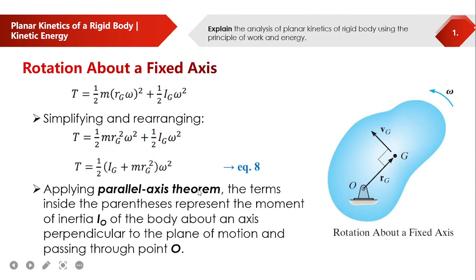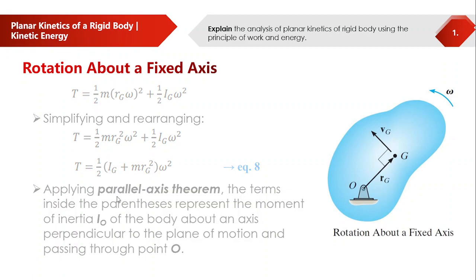Applying the parallel axis theorem, no, kung nakalimutan nyo na, then you can just review down. Basta yung parallel axis theorem, the terms inside the parentheses represent the moment of inertia I sub O of the body about an axis perpendicular to the plane of motion and passing through point O. So, basically, yung I sub O natin is yung nasa loob ng parenthesis. So, magiging simplified pa yan.